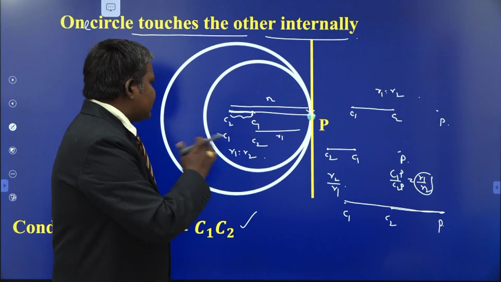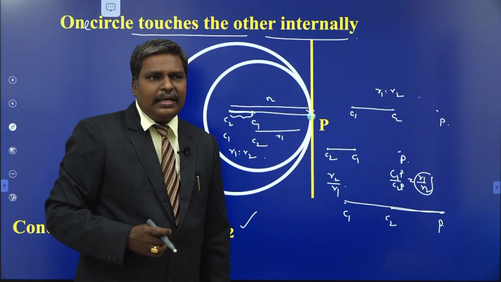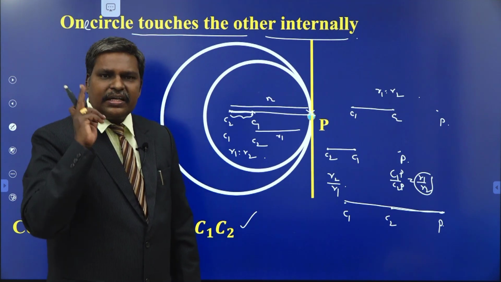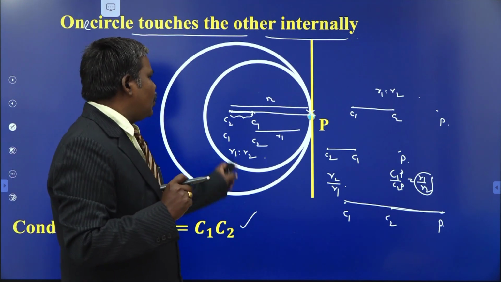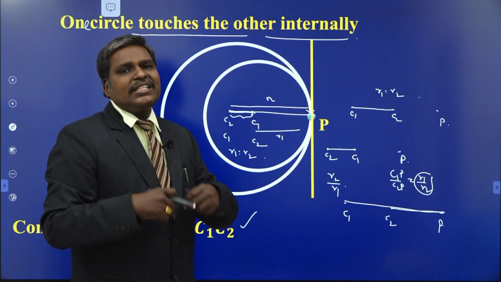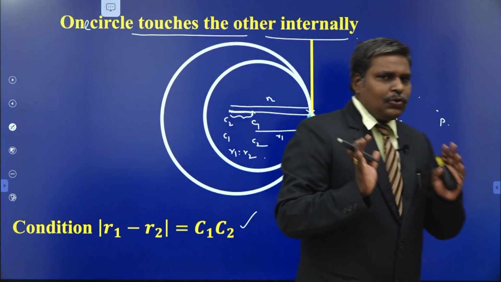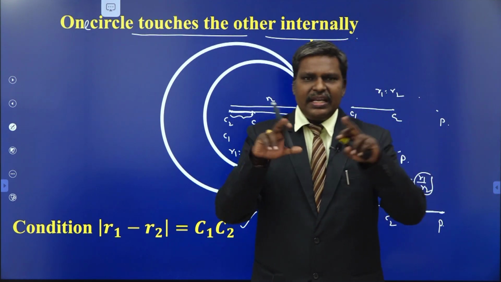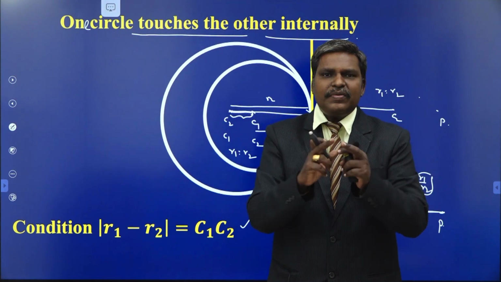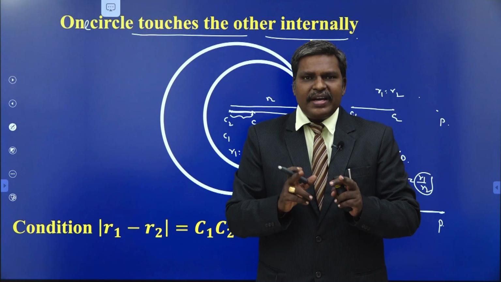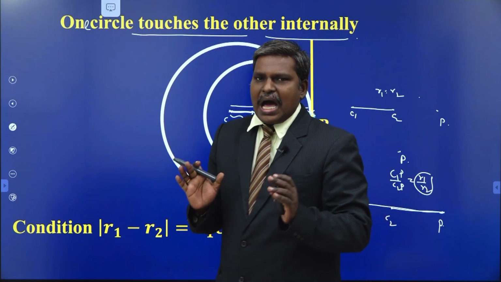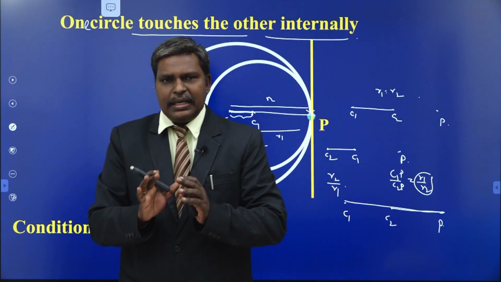When the two circles touch each other internally, that point of contact divides C1, C2 in the ratio R1 is to R2 externally. Dear students, remember one thing. If two circles touch each other externally, your point of contact is in between the two centers. That divides C1, C2 in the ratio R1 is to R2 internally.